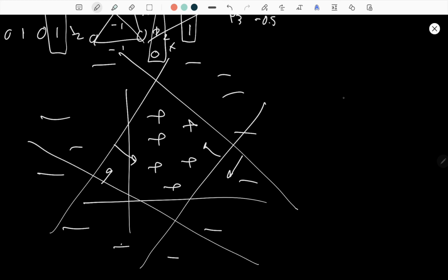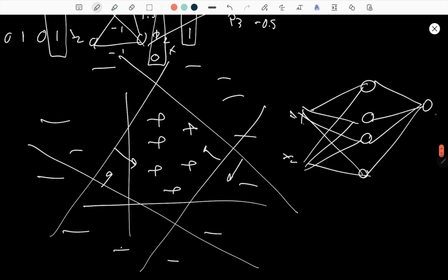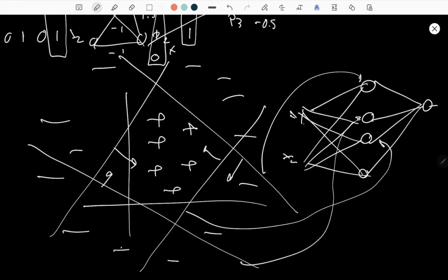It means that you need x1 and x2 here, and you need 4 perceptrons and some sum of the results together. Okay, so one perceptron is for each line. And all of them must be true. All of the outputs must be true here.